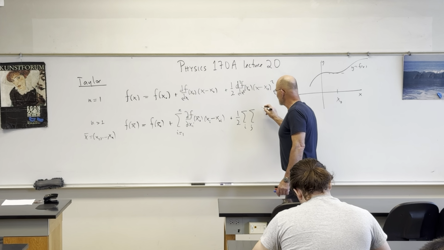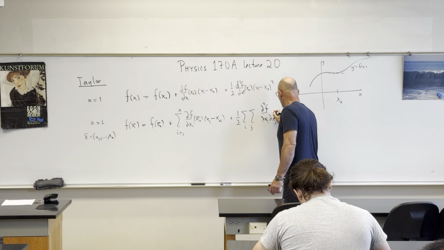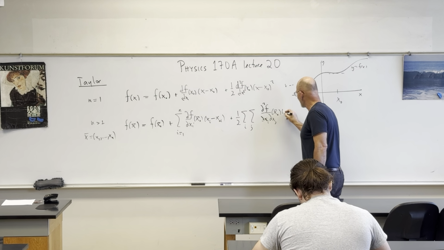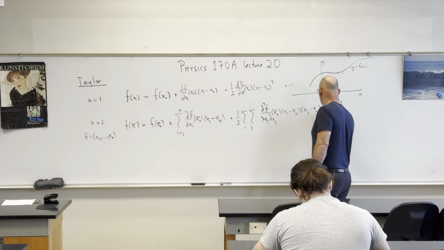So we really had a d2f dxi dxj, actually, I'll write it out first. ij evaluated at x0, then you've got xi minus x0i, xj minus x0j.